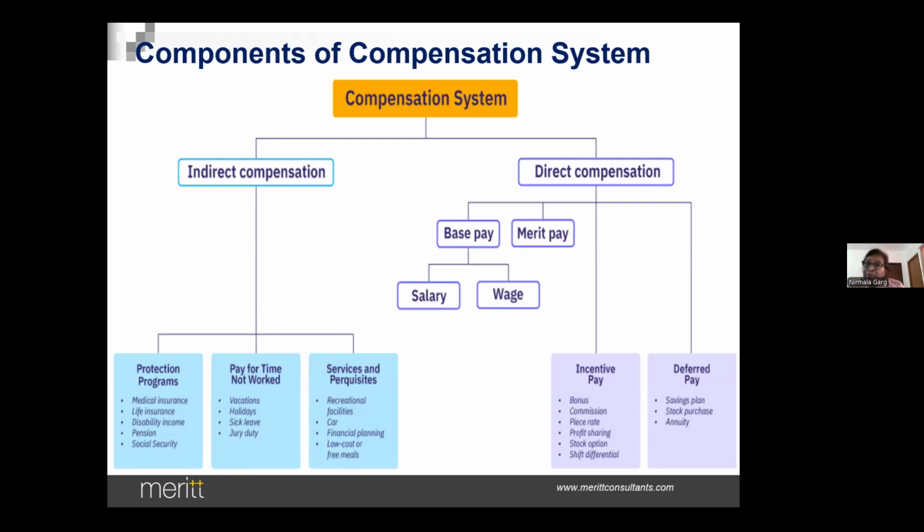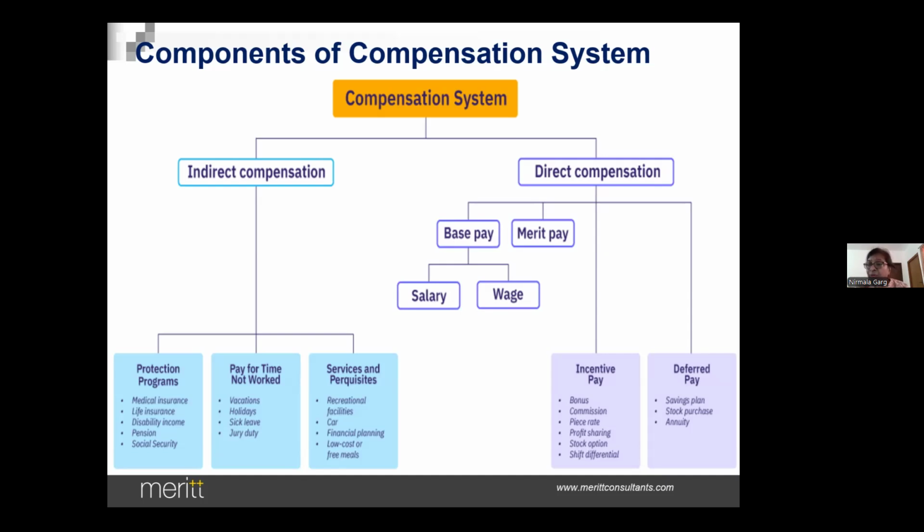We were talking about just the components of a compensation system, but today organizations are not just looking at direct and indirect compensation in terms of cash and non-monetary. They're looking beyond, after COVID. It was there even before COVID, the total reward concept, which we will talk about. The five elements include hybrid, flexibility, work-life balance. Employees are also not just looking at a check. They want more in terms of the culture of the organization, what kind of recognition programs, what kind of career growth programs.